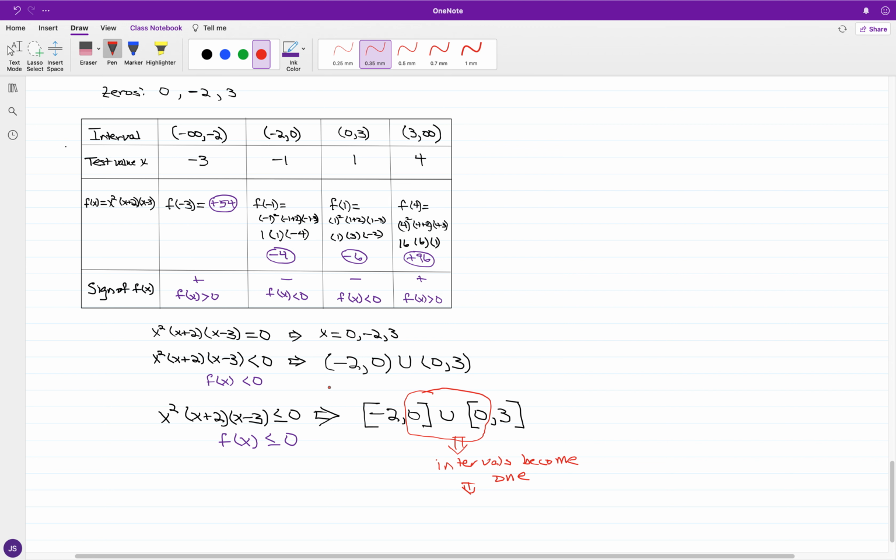So this means that for that particular solution, we're going to have just continuity between and including negative 2 and 3, since those two interval sections were joined together.